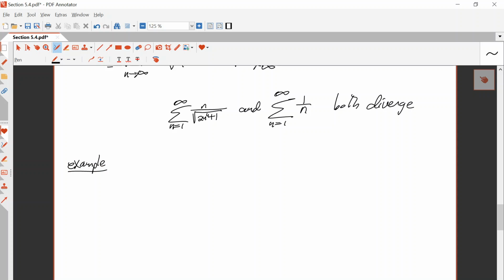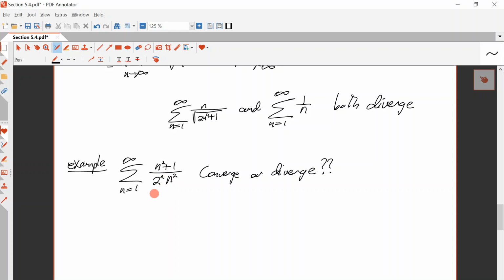How about this one? Converge or diverge? Well, notice you've got this 2 to the n on the bottom, this exponential function.